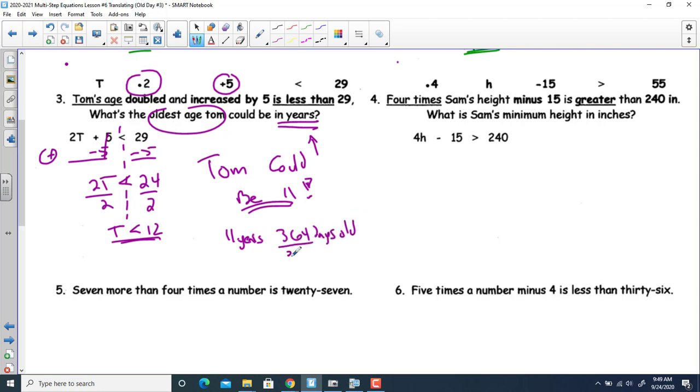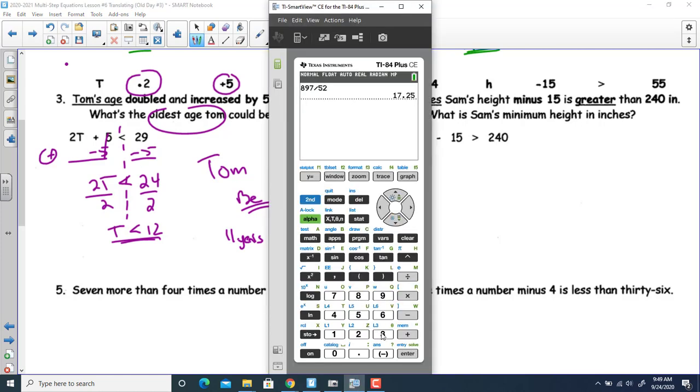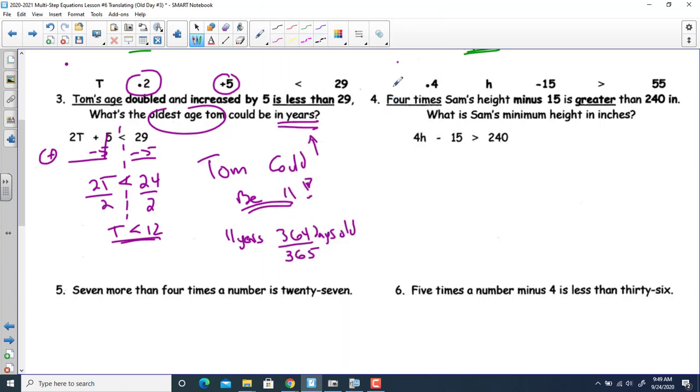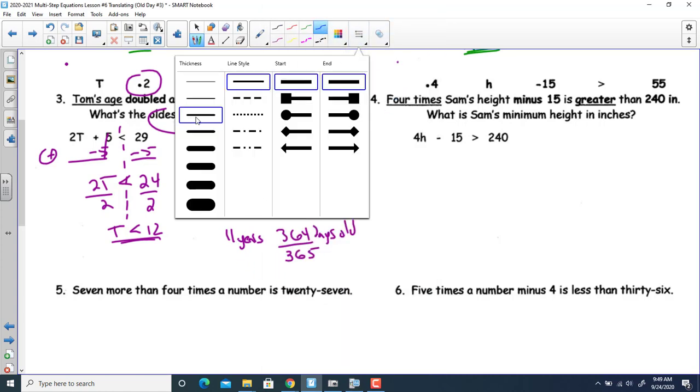So 364 out of 365, if you really wanted to get nerdy. 364 divided by 365. You could say that he is 11.997260274 years old. And then your friends would want to punch you in the face for being such a dork.